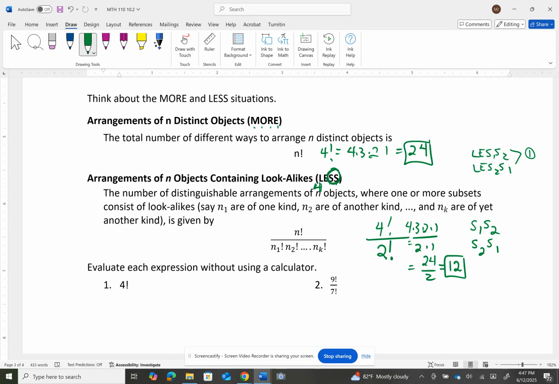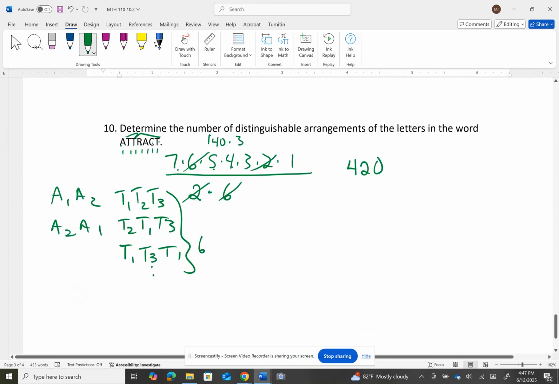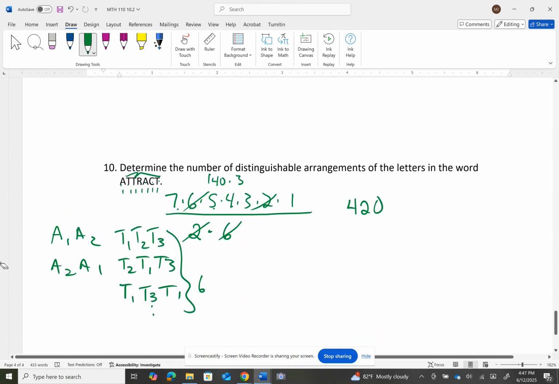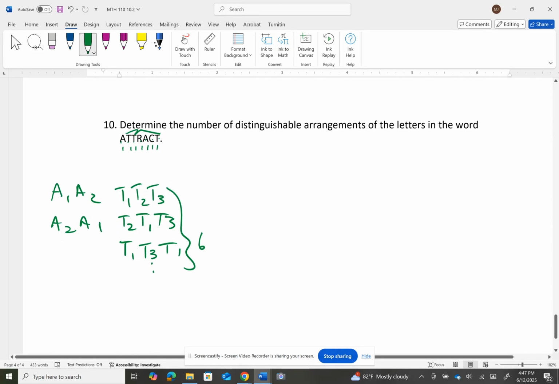Okay? So let me now go back, now that I've talked about what a factorial is. I can help you see this a little bit better. On this one, the problem is that you've got the letter A occurring twice. So there's two ways you could arrange those 2 letters.